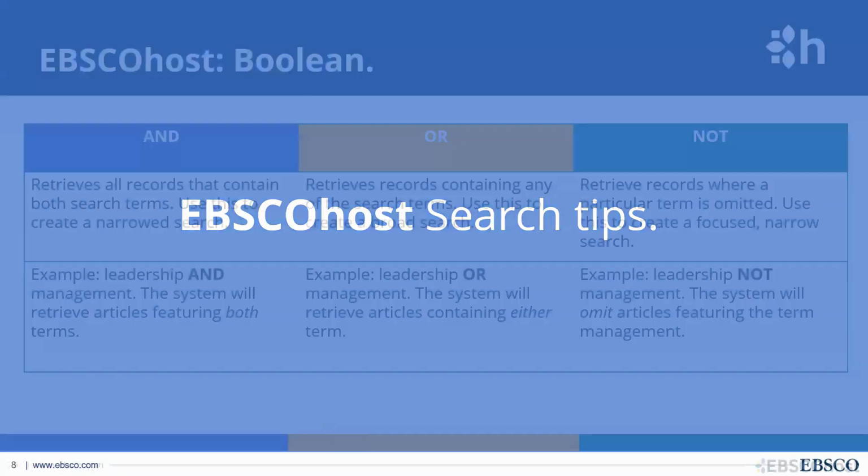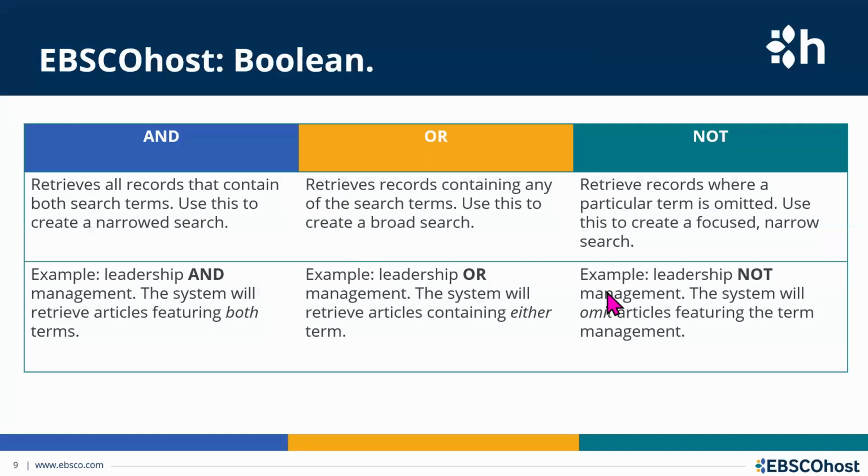And now I just wanted to go into some searching tips. So Boolean operators, you may already be very familiar with using these. The new EBSCOhost, of course, supports our Boolean operators. The AND operator is used to narrow your search, and it will retrieve articles featuring all of your terms. So if I typed in leadership and management, the system will retrieve articles featuring both of those terms.